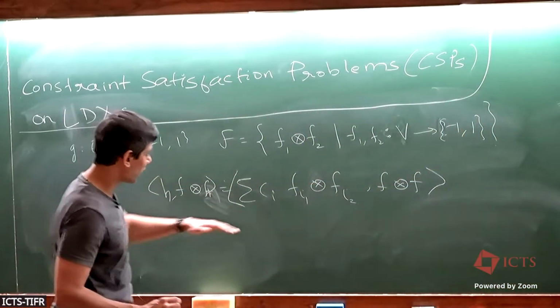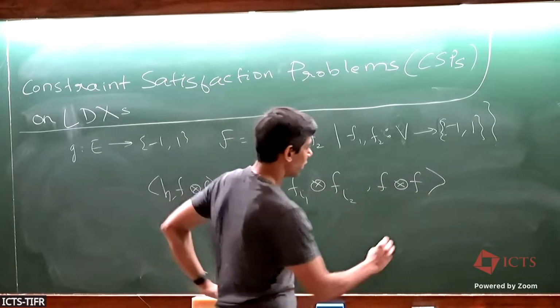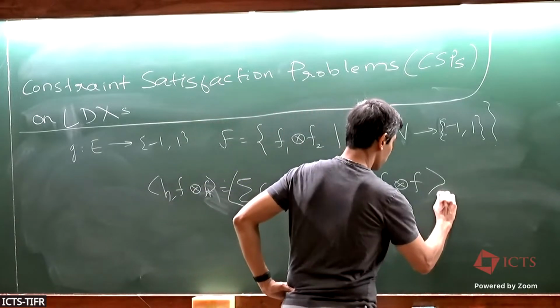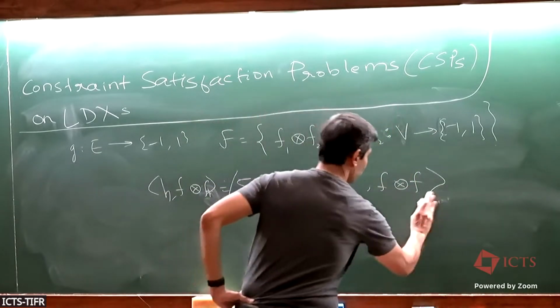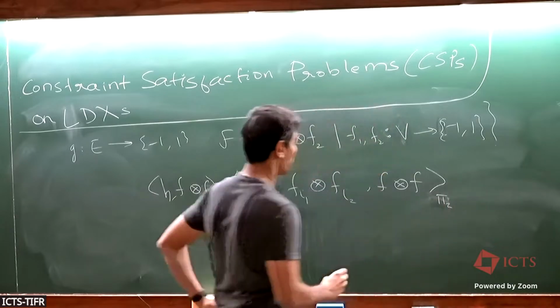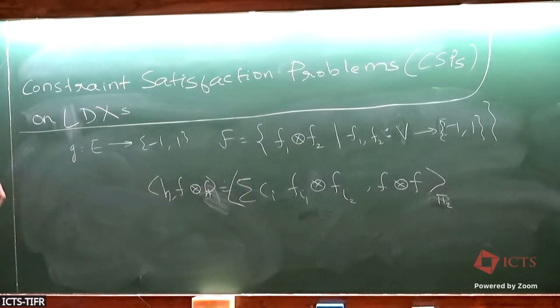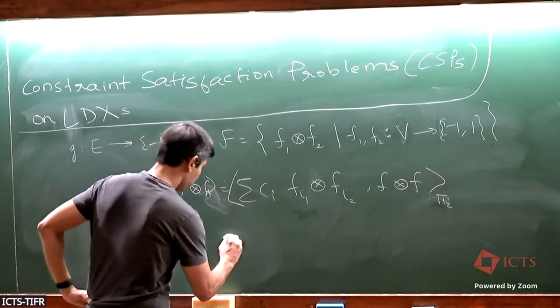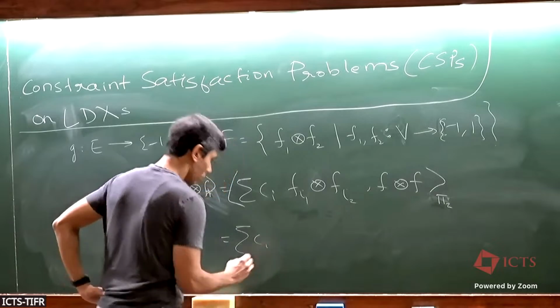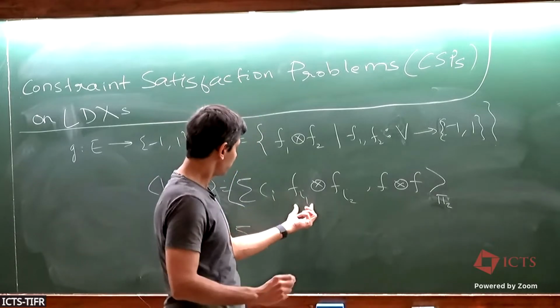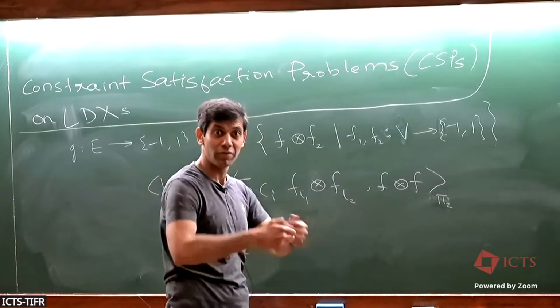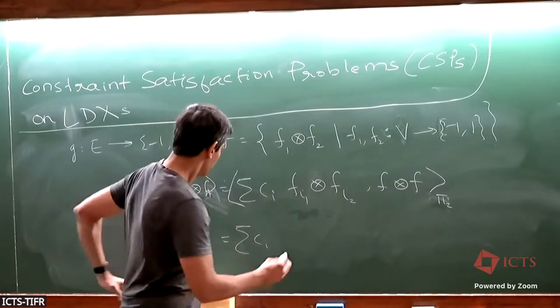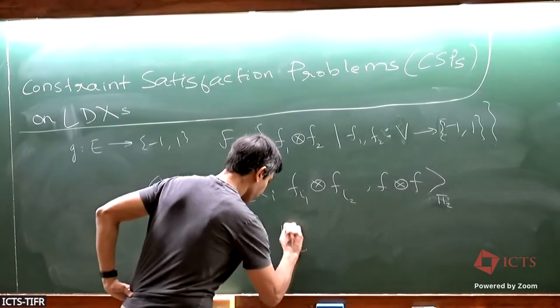I claim this is very easy to understand. Again, this is mu, or this pi 2, which is just a uniform distribution on edges. So now let's study this term by term. It's phi_1 of u, phi_2 of v, where uv is a random edge. So let's write down the full expectation.